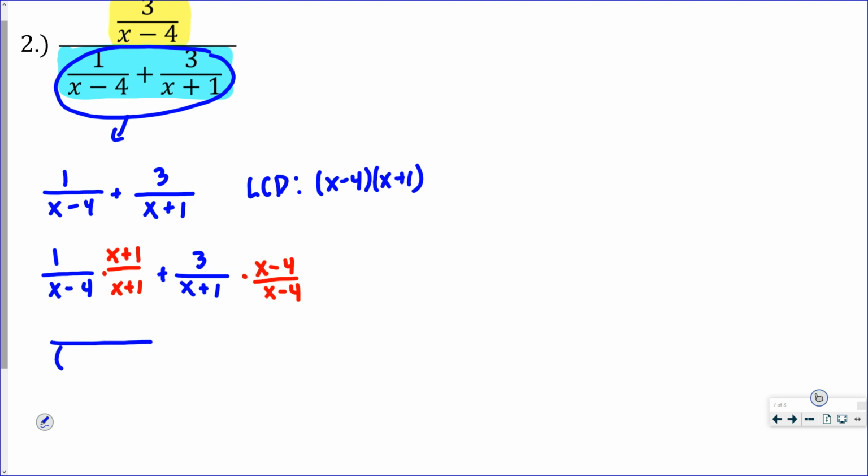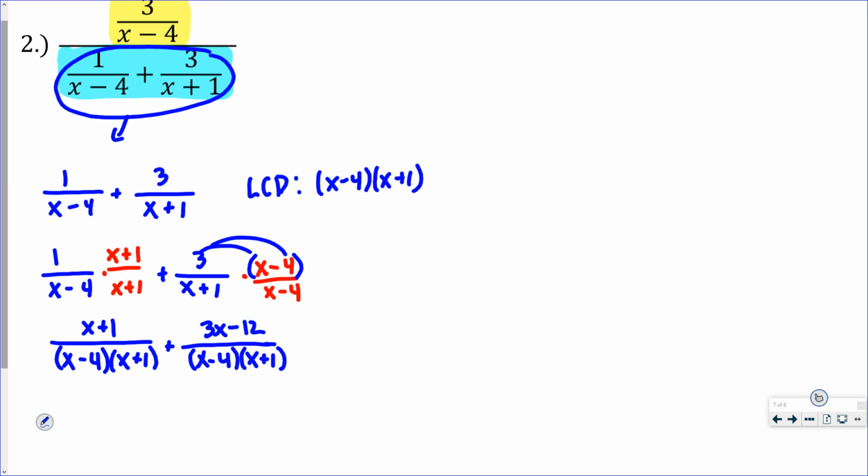We want to write them factored just like I have in my LCD. My first fraction here, I just have 1 times x plus 1, which is just x plus 1. Second fraction, I have my LCD, and I have to do 3 times x minus 4, so don't forget to distribute that. That'd be 3x minus 12.